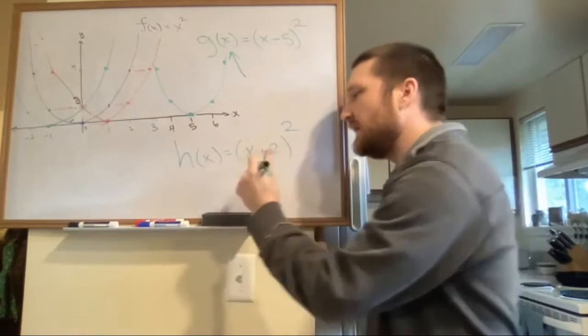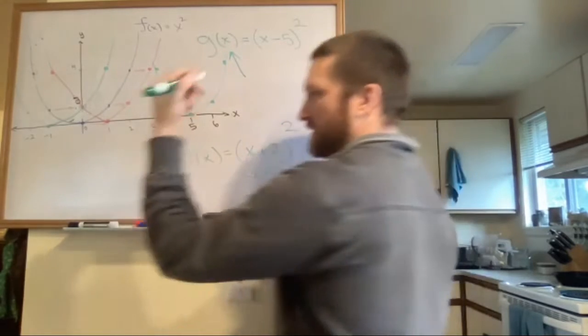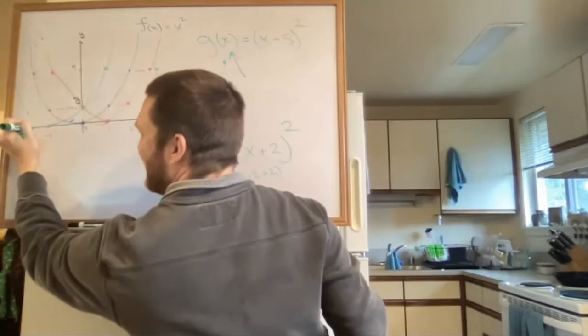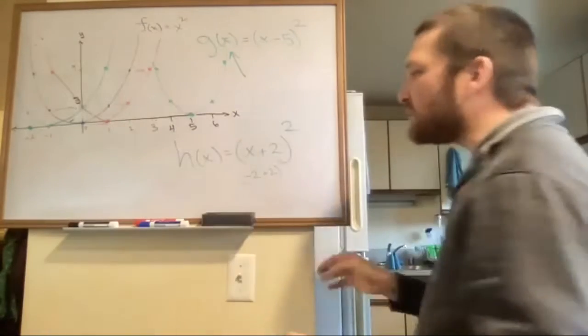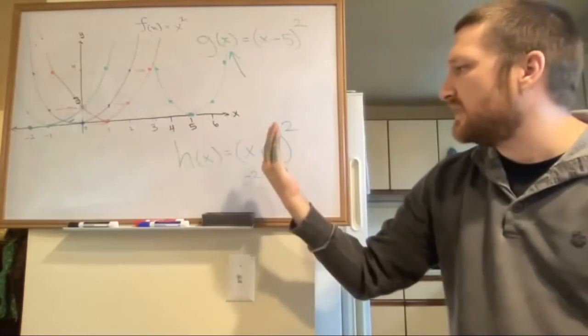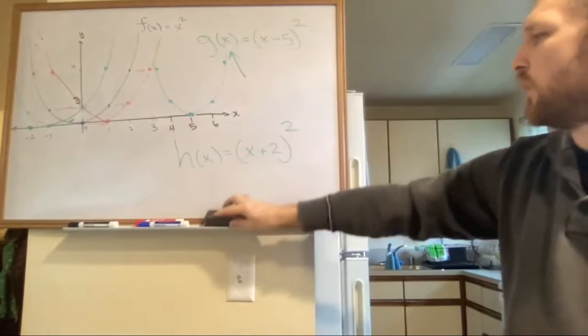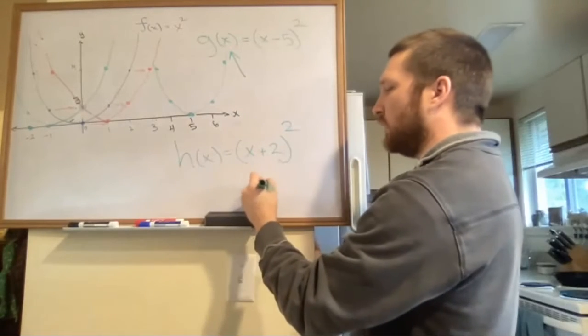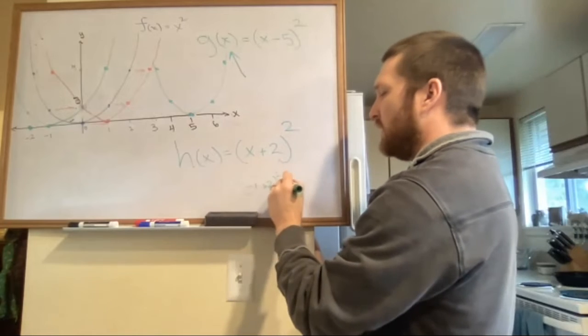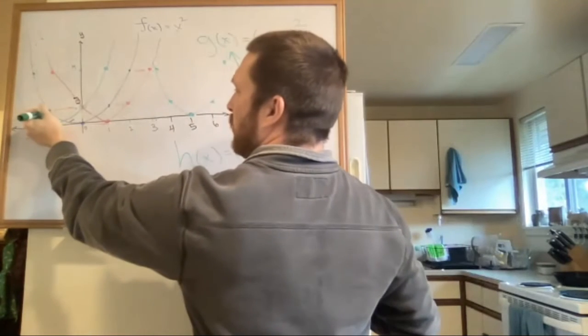If I plug in a negative 2, I'll have negative 2 plus 2 squared is 0. And so I'll be right here. And guess what? This is just a parabola, right? Move over 1 this way and you'll be up at 1, right? Move over to negative 1. Negative 1 plus 2 squared is 1 squared is 1. Yep, it moves up to 1.